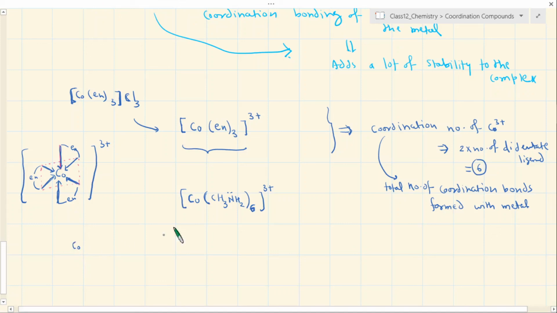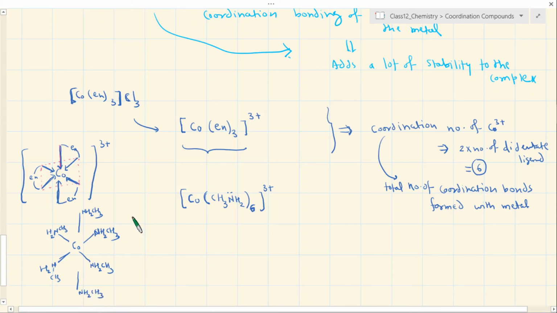If you try to see the structure of this, it is also an octahedral complex, where NH2CH3, NH2CH3, NH2CH3, NH2CH3, and one above NH2CH3 and one below NH2CH3.